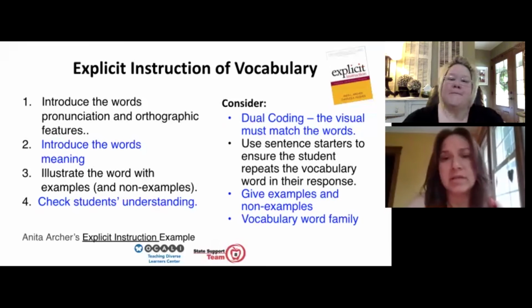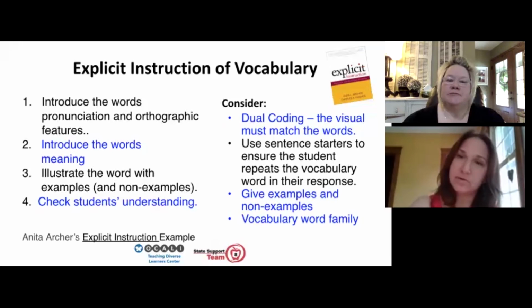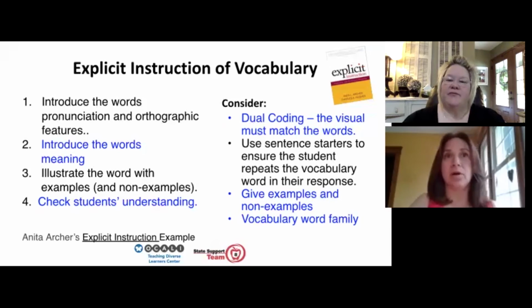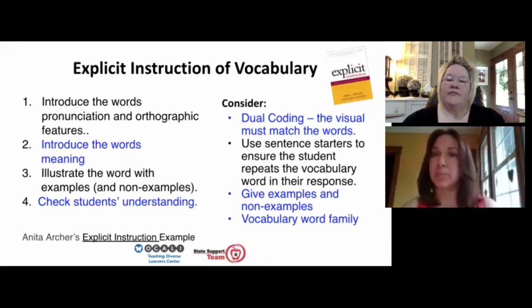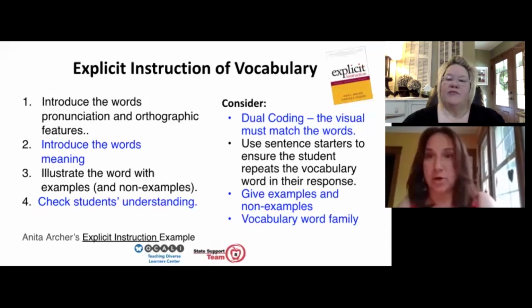So another important thing is examples and non-examples when you're checking for understanding. Students can give their own examples. They can give sentences stating this would be an example or this is not an example. Like, an example of composition is a peanut butter and jelly sandwich. It is not an example of composition of just peanut butter.